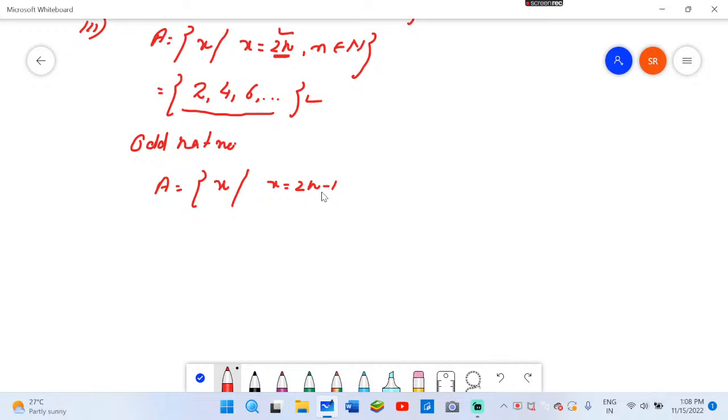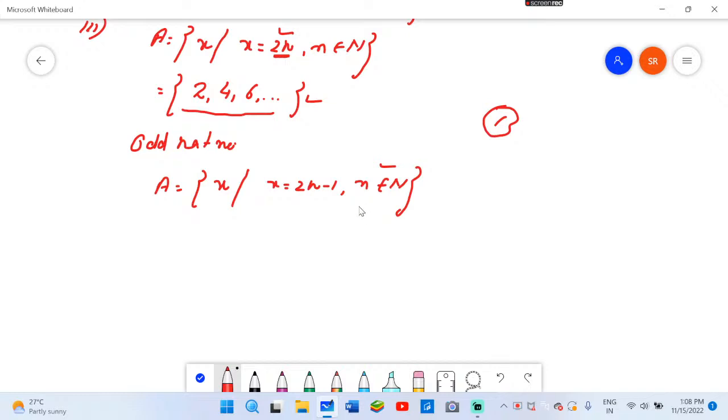If I write plus 1 here, then the first element will become 3. We want to start with 1, because the first natural number is 1, not 3. We want to include 1 also. And n belongs to capital N, set of natural numbers.